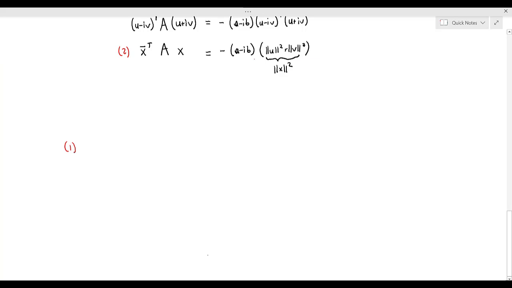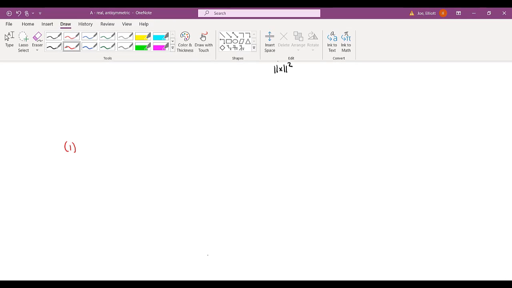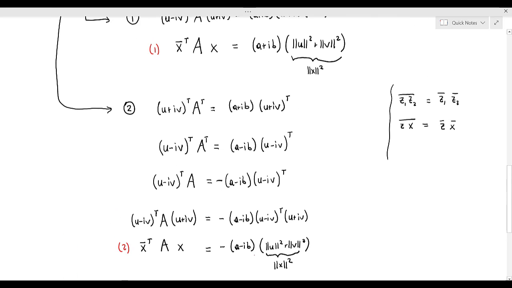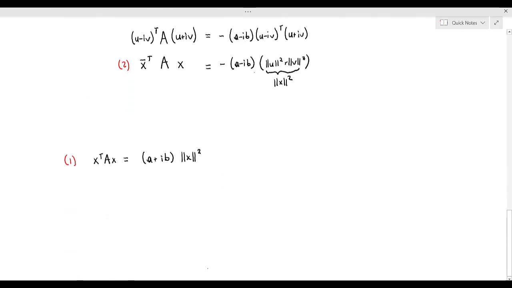So result number one was that x conjugate transpose Ax equals a plus ib times the length of x squared. Okay, x conjugate transpose.